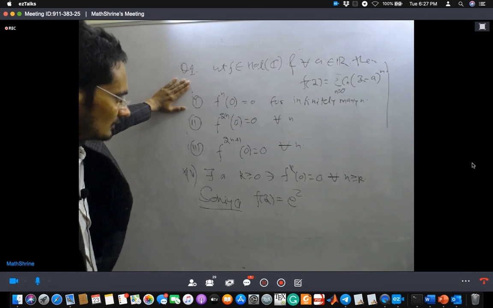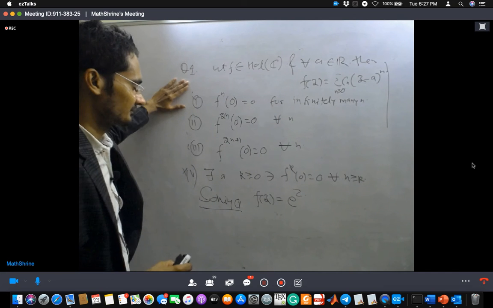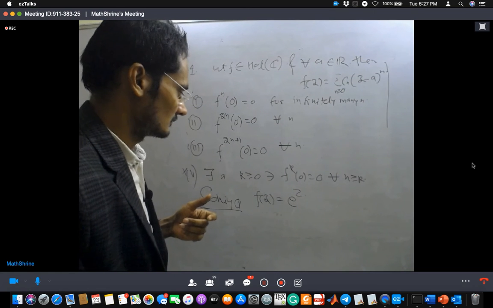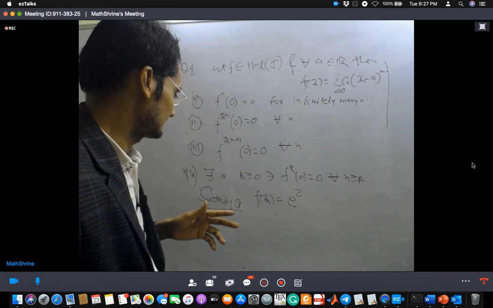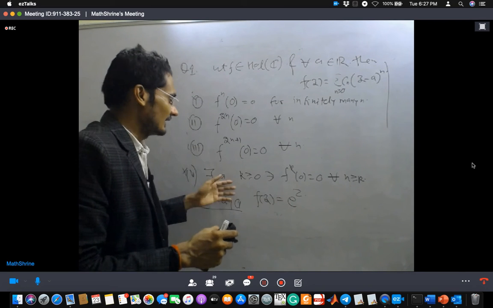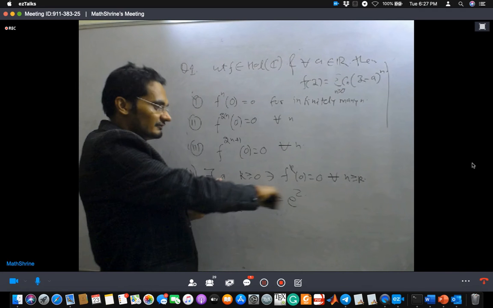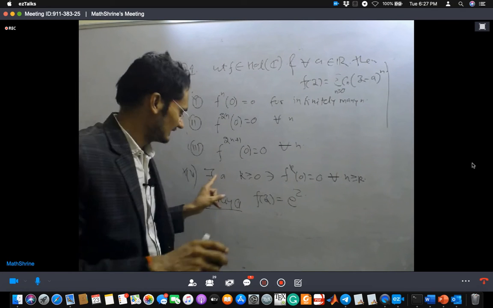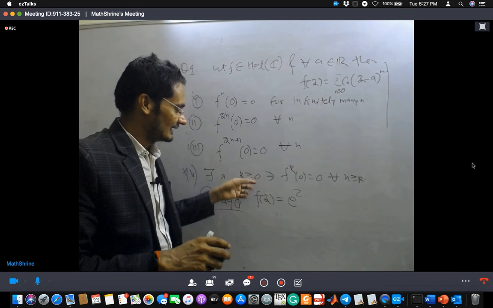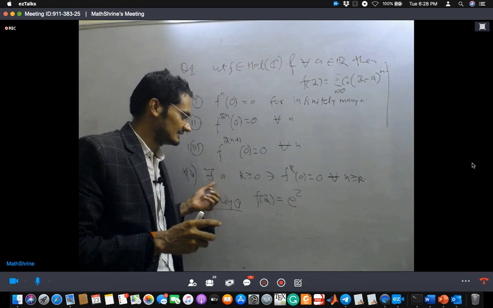But he is not telling that if the option is written this way, this is true for a function, then that is true. It is not written. He is telling there exists a k positive. He is giving the guarantee for the k, but if you could say there exists a k positive and a function f, then this will be definitely true. But the function is already given. He is telling and writing the power series around every point.